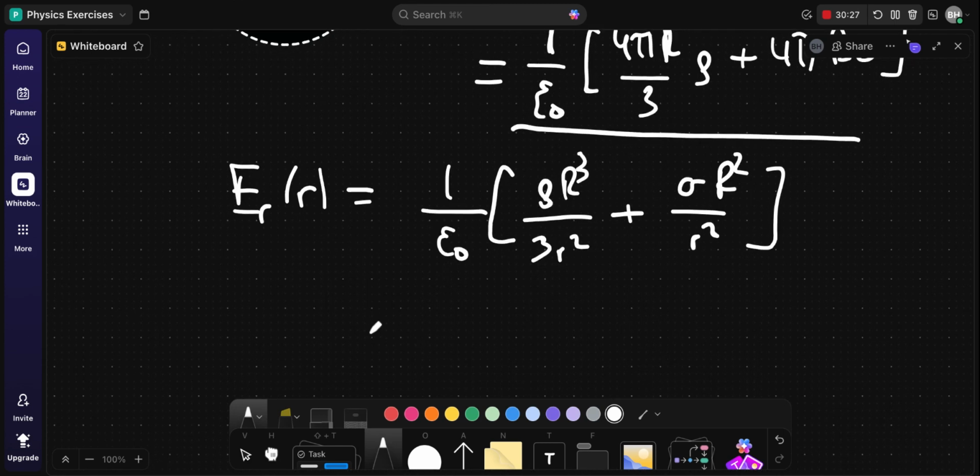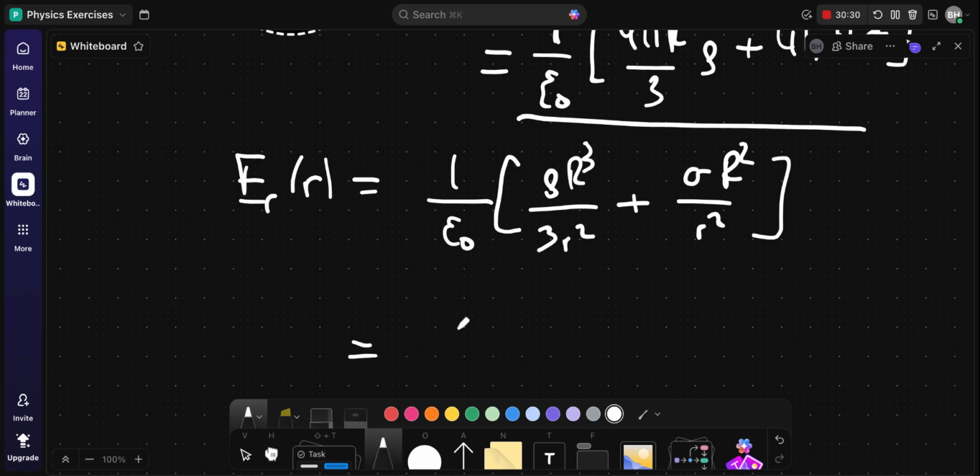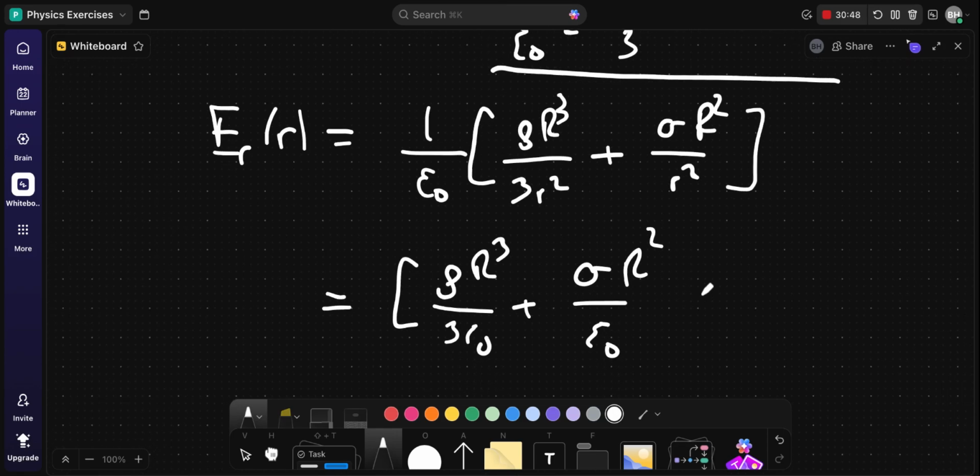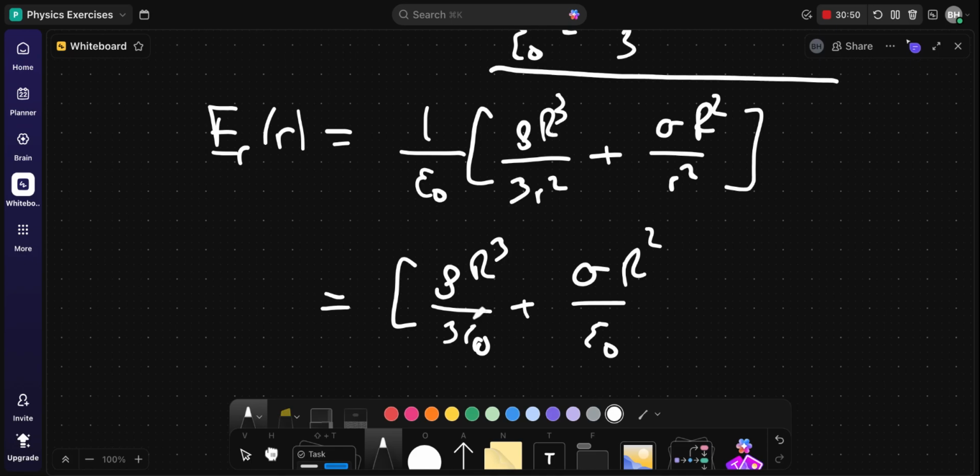Let me actually write this in yet a slightly different form. So I'm going to write this like this: rho r cubed divided by 3 epsilon 0 plus sigma r squared divided by epsilon 0. Let me move this up like this. This is epsilon 0, sorry.